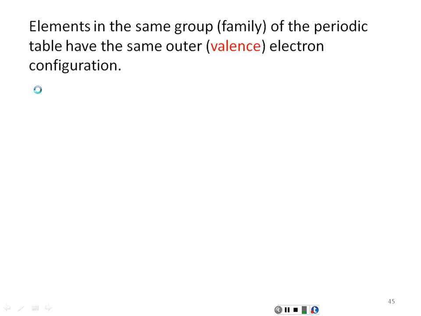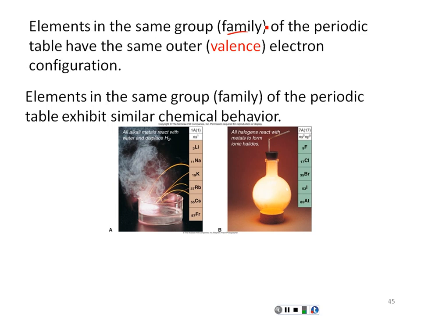Well, elements in the same group, the same column, that's also known as a family of the periodic table, have the same valence electron configuration. And that means they have similar chemical behavior. And you can see that in group 1. A very good example of that is how reactive group 1 is in water.